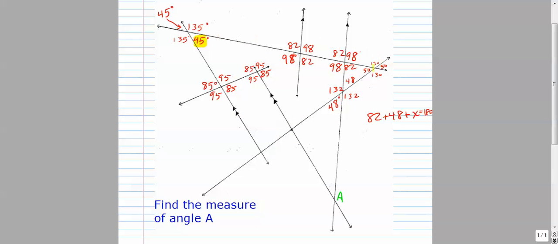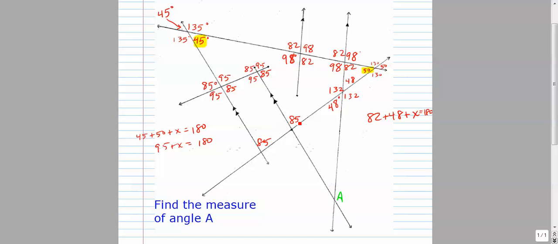So we have 45 in this corner, 50 in this corner, and we're missing that corner. So we do another little triangle sum theorem. So we go 45 plus 50 plus this angle equals 180. So let's see, that's 95 plus x equals 180. So x right in this corner is 85.